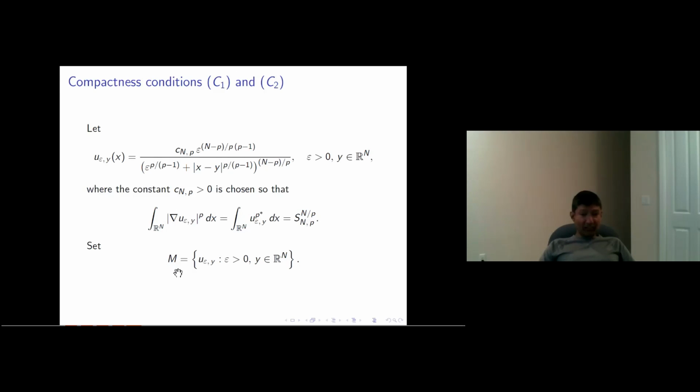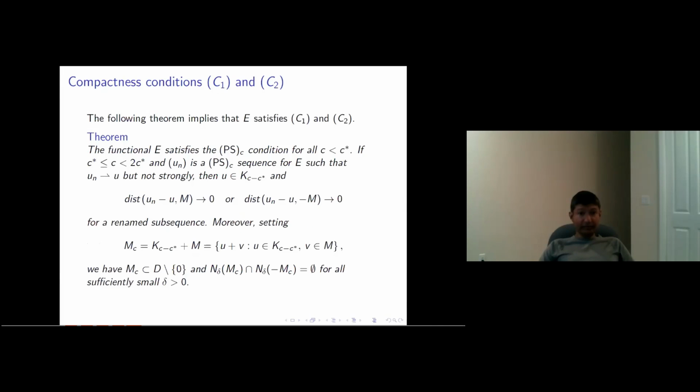And then our set denoted by M, the family of these functions, for all positive epsilon and y in Rn. And then we can prove the following theorem.